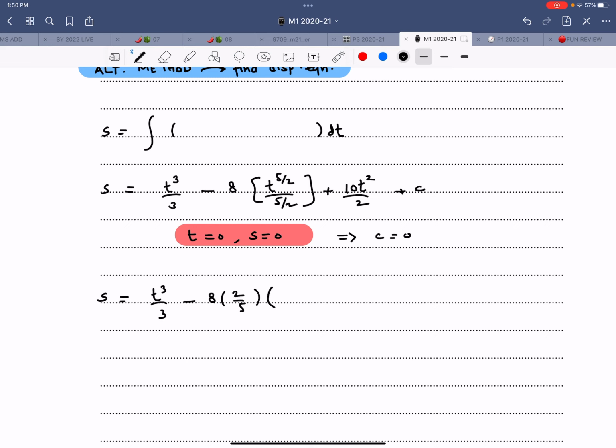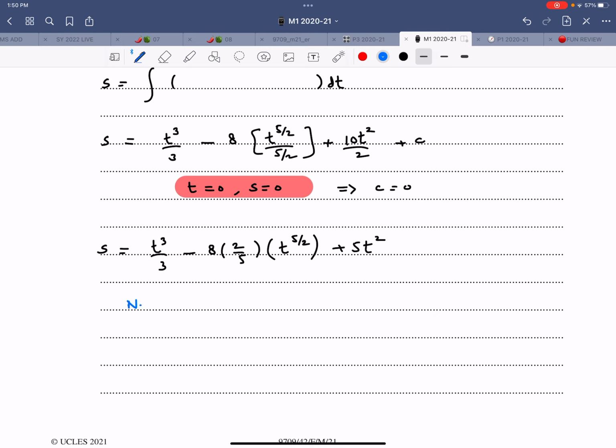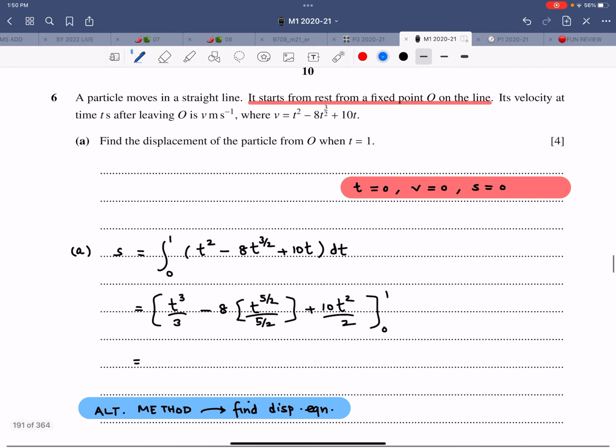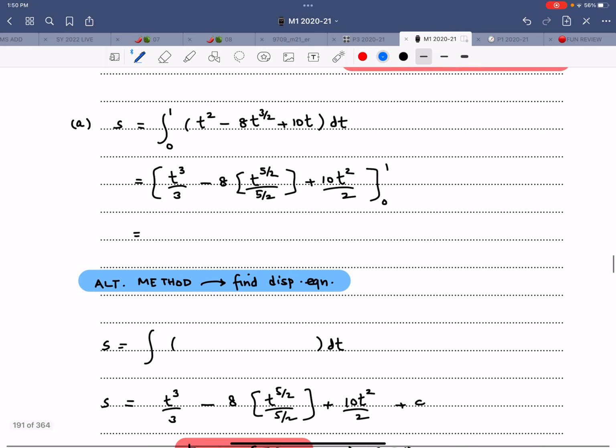I've simplified it a bit. And now plug in t equals 1. So this would be the value of that displacement in meters. So there were two approaches for this one: the usual approach with the limits and the other one with the displacement equation. Let's move on.